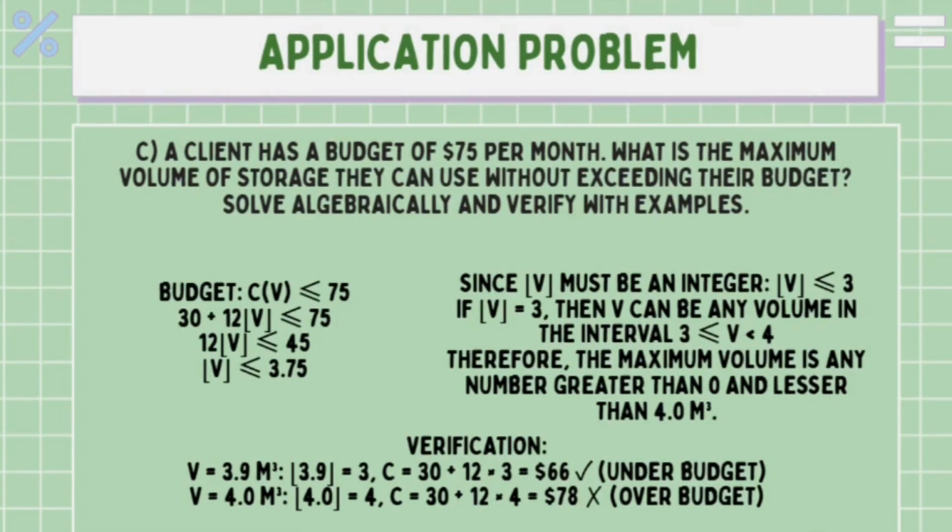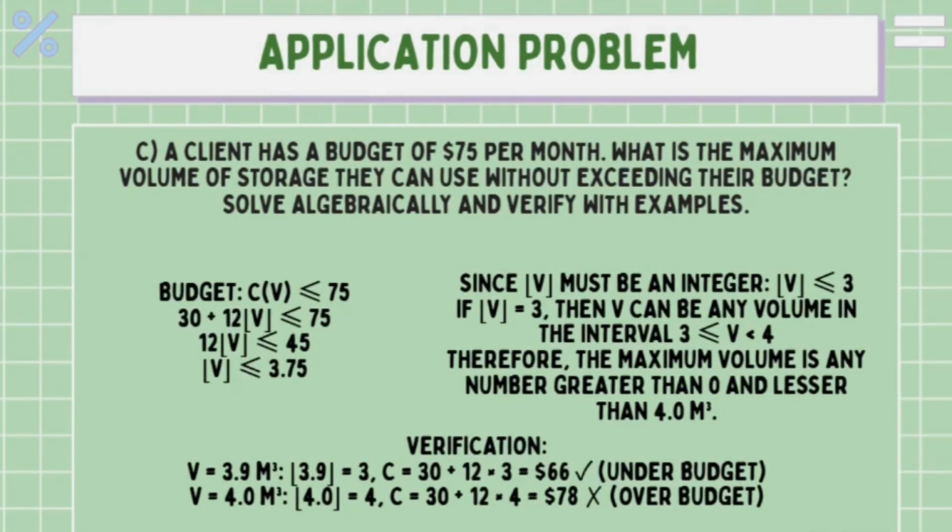Because C of V equals 30 plus 12 times the greatest integer less than or equal to V, 30 plus 12 times the floor function of V is smaller than or equal to 75. Then we subtract 30 from both sides of the inequality. We get 12 times the floor function of V is smaller than or equal to 45. Next, we divide both sides of the inequality by 12. We get the floor function of V is smaller than or equal to 3.75.